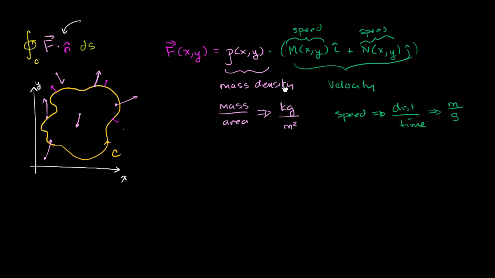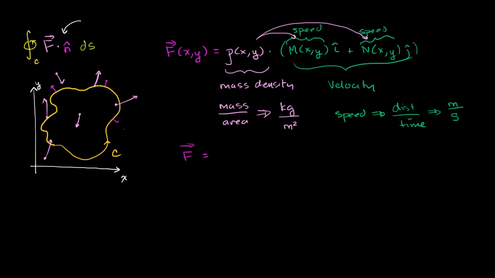So let's think about what the units will be for this function. If we distribute the rho, because really in any given xy, it really is just a number. So if we do that, we're going to get F, and I'm not going to keep writing F of xy. We'll just understand that F, rho, m, and n are functions of xy.